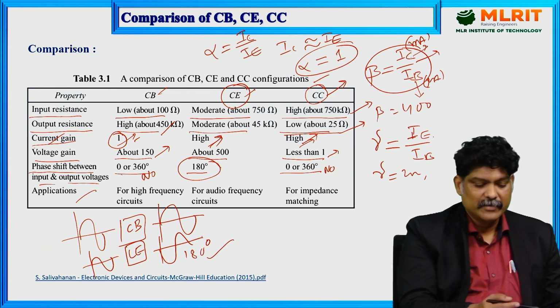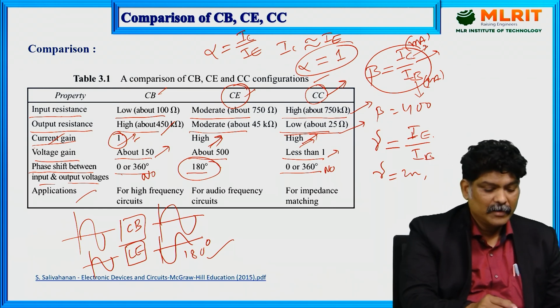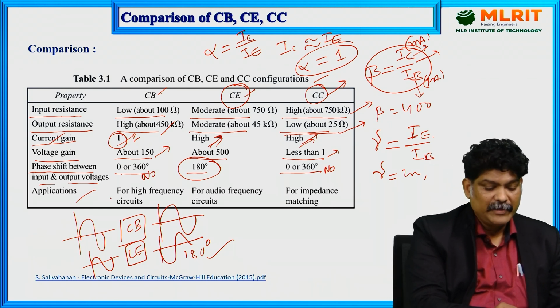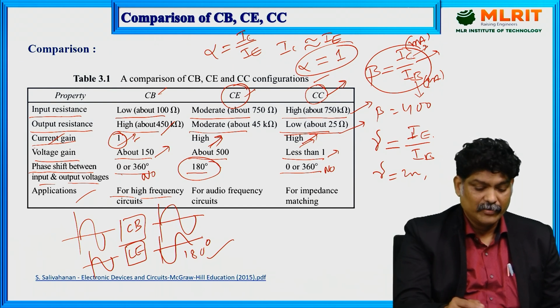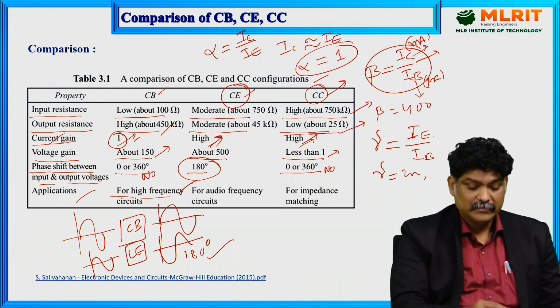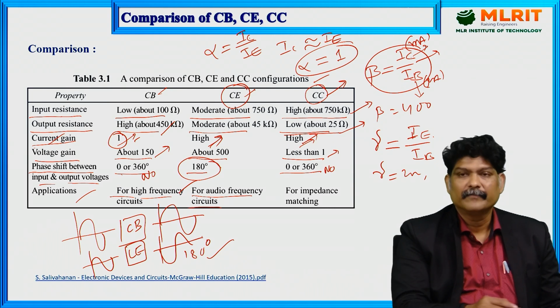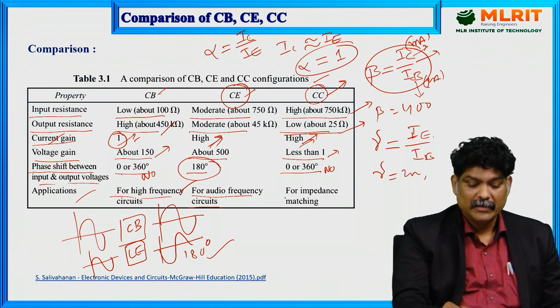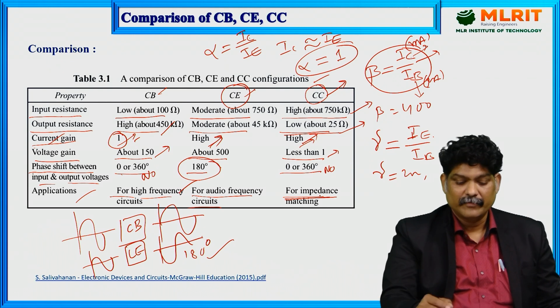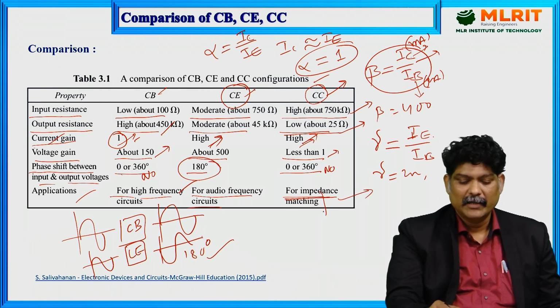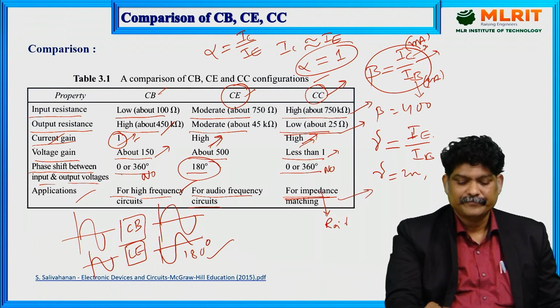Next, the applications. CB is used for high frequency circuits, CE is used for audio frequency circuits, and common collector configuration is utilized for impedance matching, particularly in radio receivers.